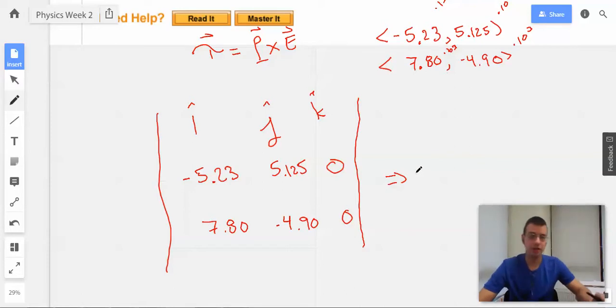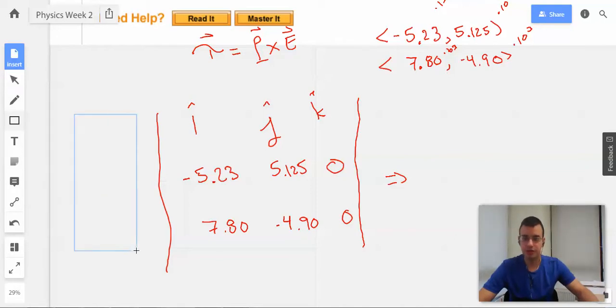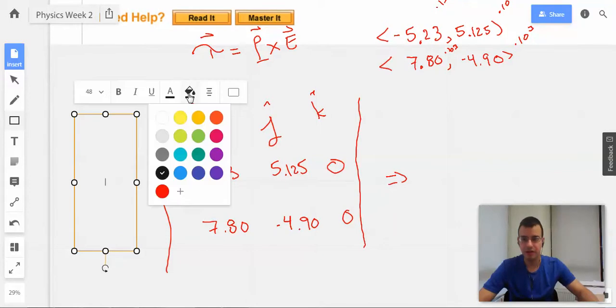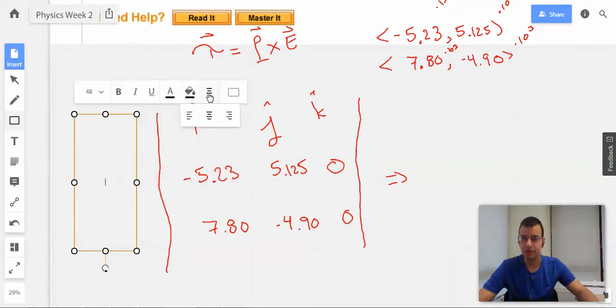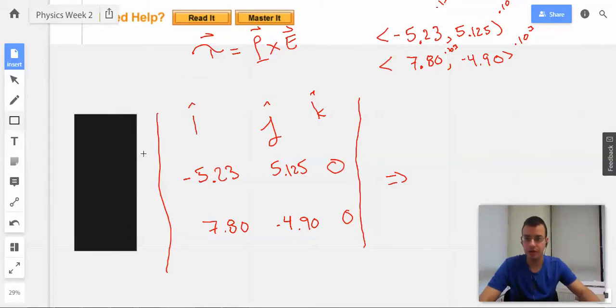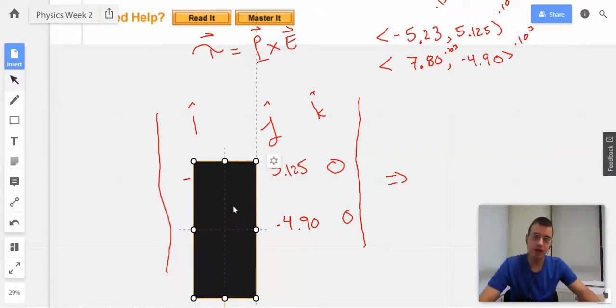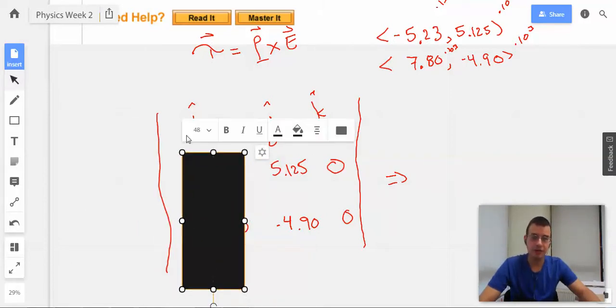So the way you do this is you cover up this portion. I grab myself a box. Go away, useful box. You take it, you cover up, to find i, you cover up this section, and you do a 2 by 2 determinant.